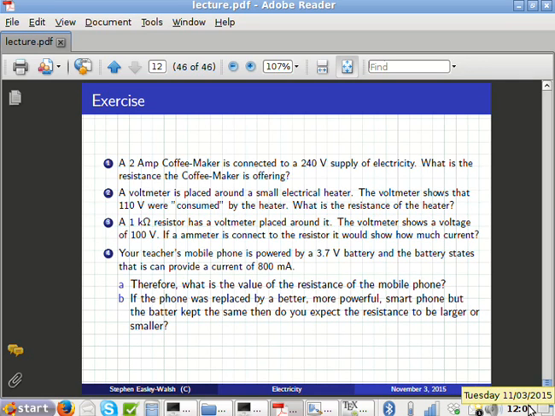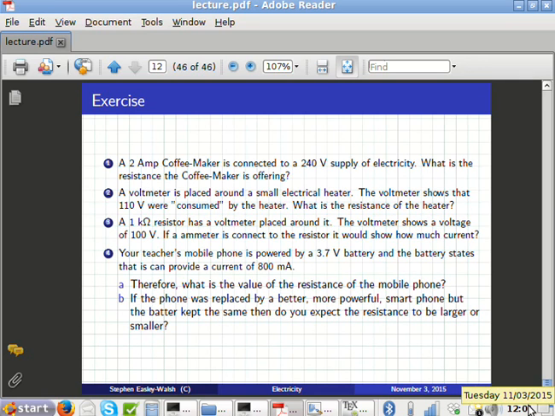Now the Game Boy is the same, so the resistance is the same. So if the resistance is the same, but the voltage is bigger, do I need more or less current? Less. Okay? So remember the voltage is like pushing. If the voltage is bigger, then does the current need to be stronger? No. The current can be smaller because there's more voltage pushing.